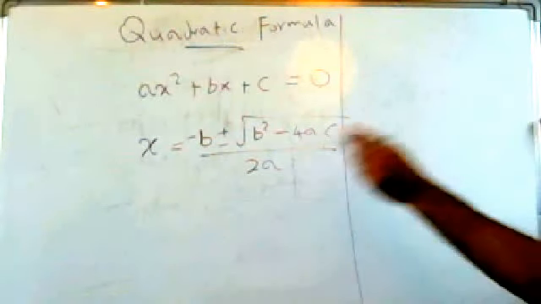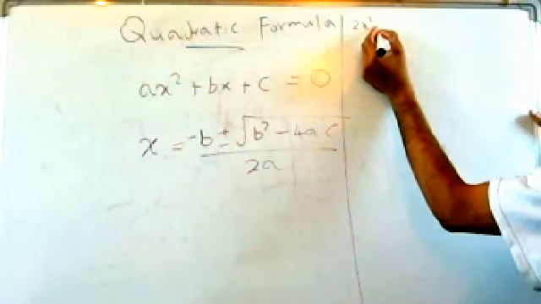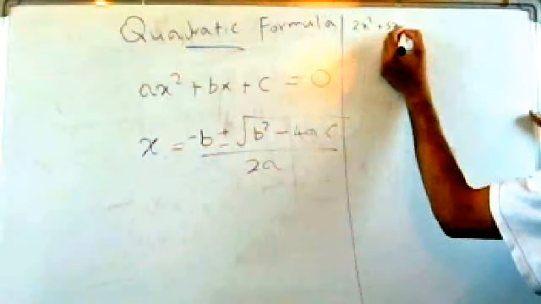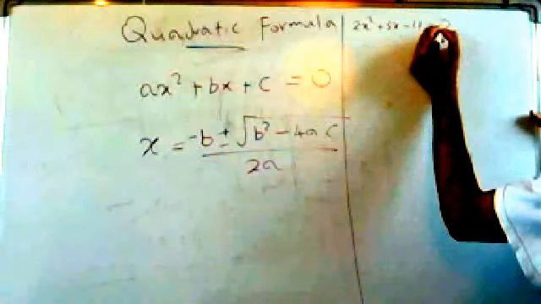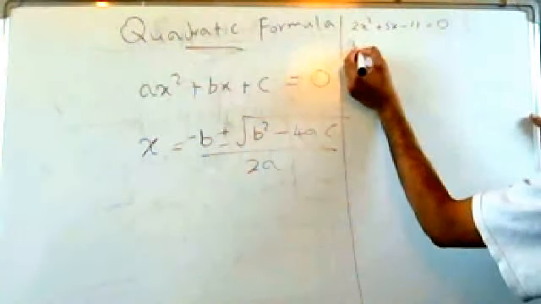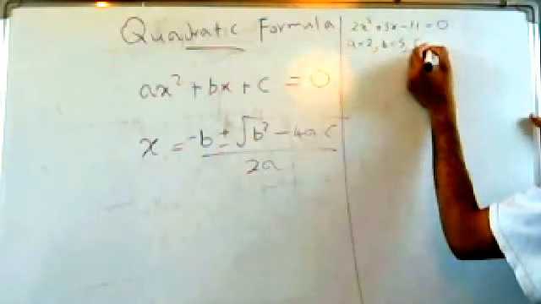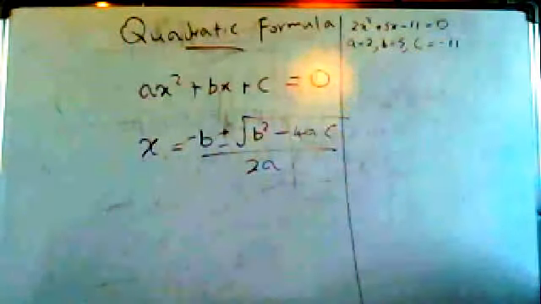So you've got the quadratic formula there, so let's try and do a question. Let's say we have 2x squared plus 5x minus 11 equal to 0. So a here is 2, b here is 5, c here is minus 11.